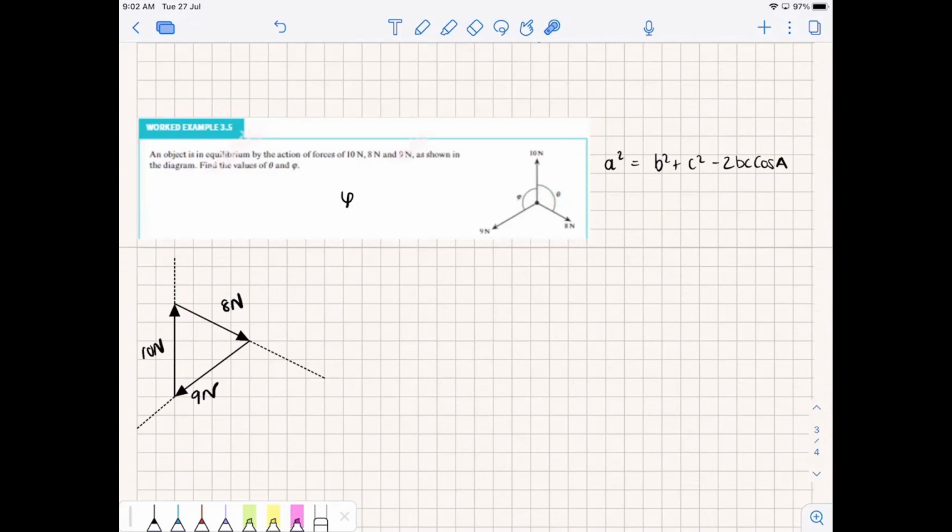All that we've done is we've taken this 10 newton vector and imagine it's reversing and going down the line, and it leaves the angle behind. So this is just angle theta over here. And we can do exactly the same thing for angle delta.